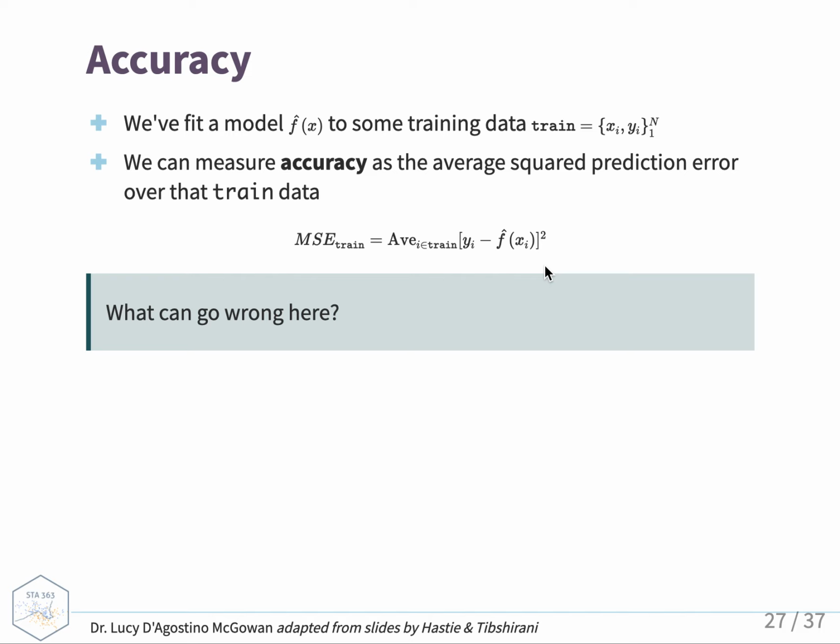But what can go wrong here? Well, this is the big idea of overfitting. If we are measuring accuracy based on the training data, and we are optimizing this equation here, if we really want to minimize y minus f hat of x squared across the training data, meaning the data that we're observing, well, the best way to do this is just to play connect the dots. So in that simulation I showed you, the mean squared error of the training data is going to be minimized.